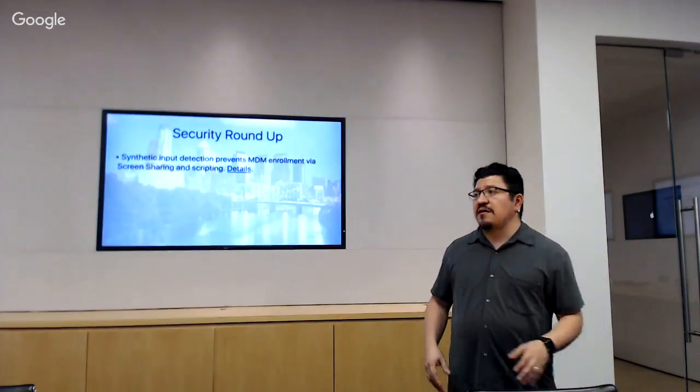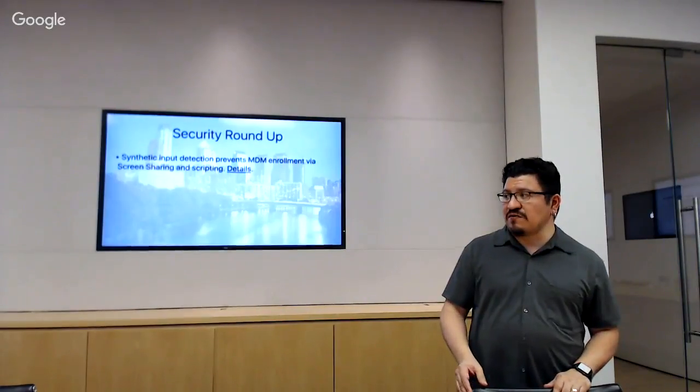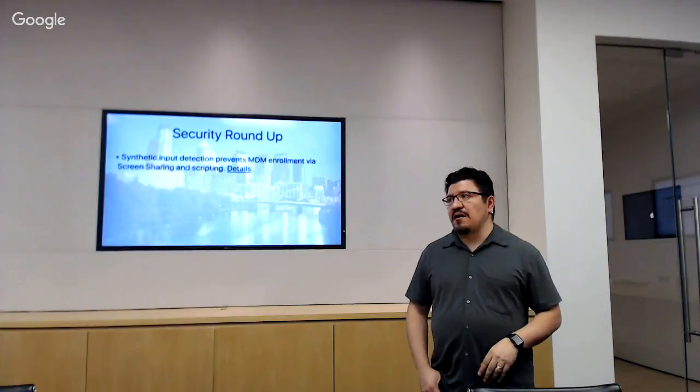Moving on to security. Patrick Wardle at Black Hat and DEF CON had a talk about, as he described, the really lame bug that allows you to do synthetic mouse clicks and basically bypass all those user approval dialogues that you get.